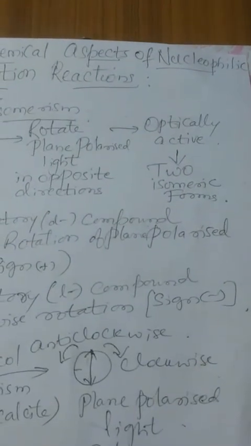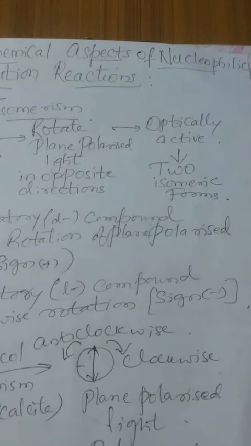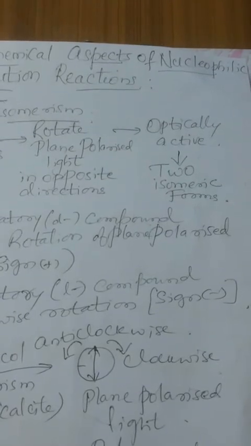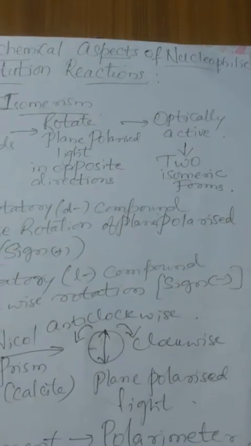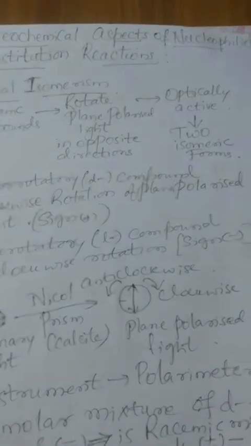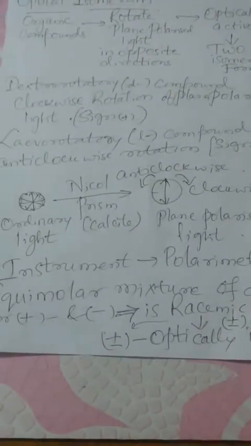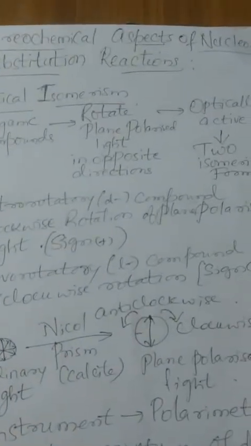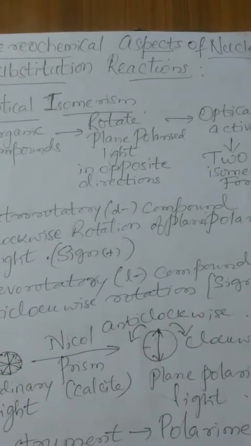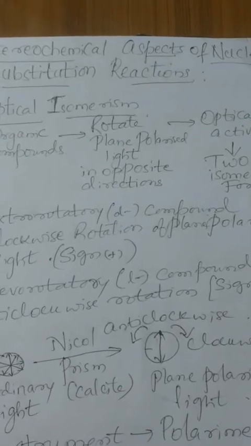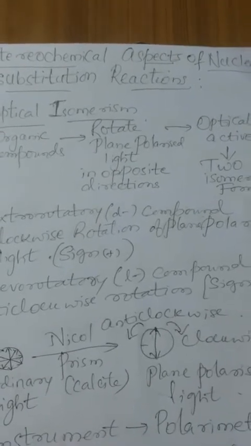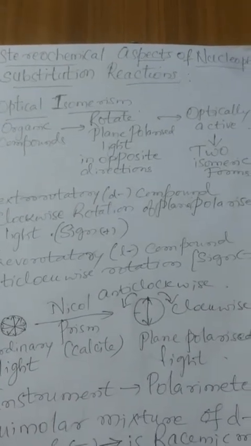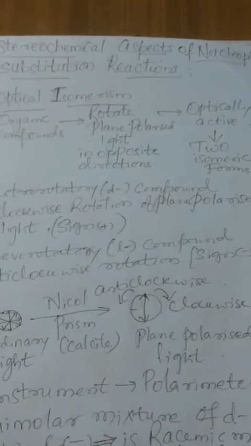One isomer will be the plus isomer, the other the minus isomer, about which you will know later. So an optically active organic compound exists in two isomeric forms and rotates the plane polarized light in opposite directions. These are called optical isomers and the phenomenon is called optical isomerism.